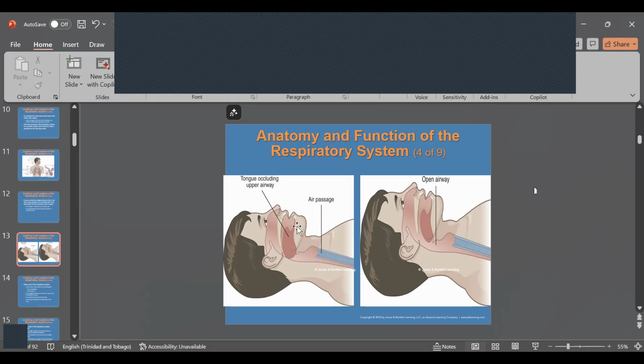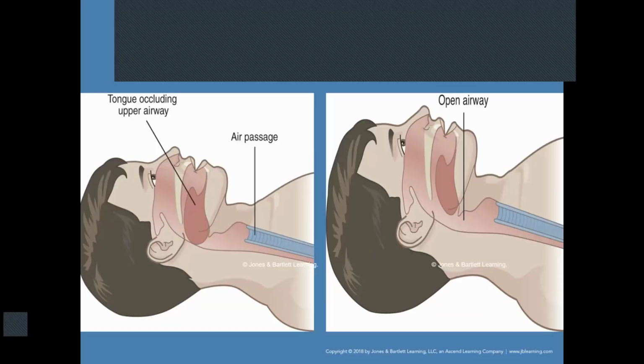With an unconscious person, this happens. The tongue drops back because of gravity and occludes the airway or blocks the airway. So on the right, you see an open or patent airway.